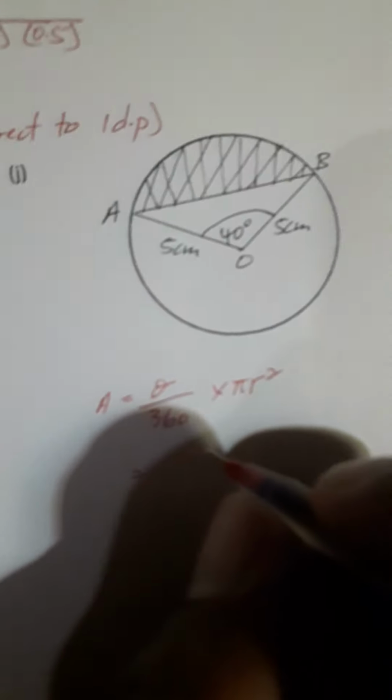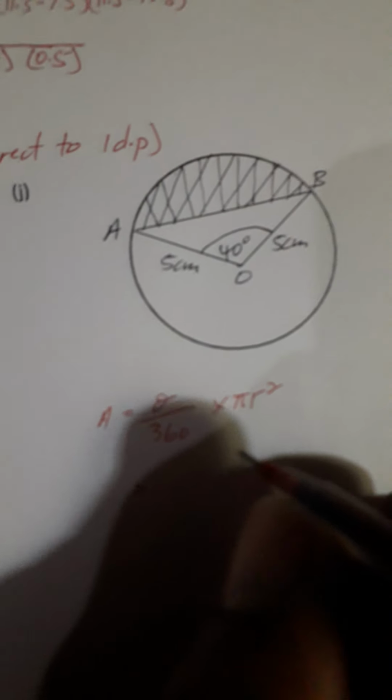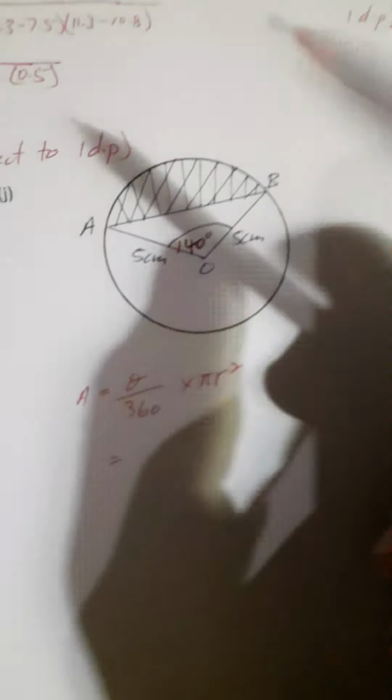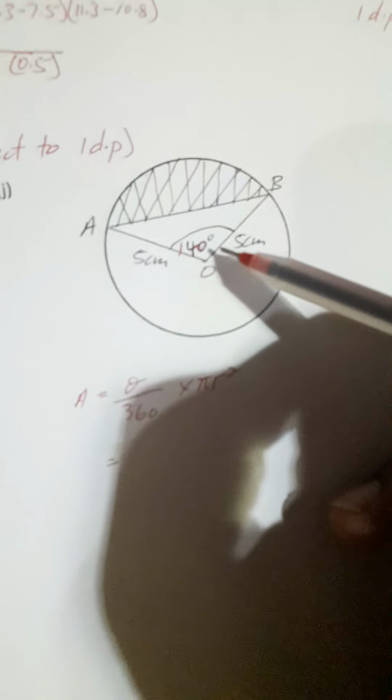So area of the sector will be theta over 360 times pi r square. Theta in this case will be 140. Let us make this 140 for it to look more realistic, because 40 degrees looked too small, too big for 40.